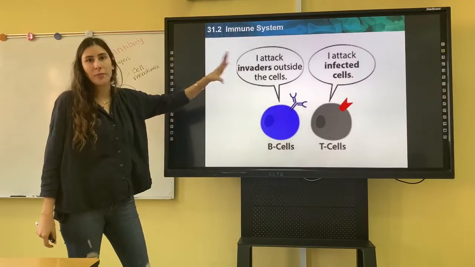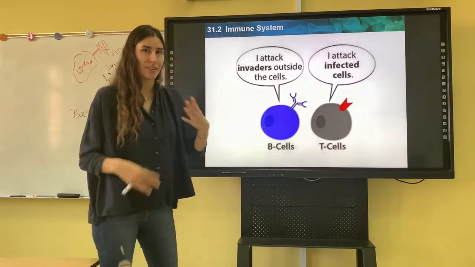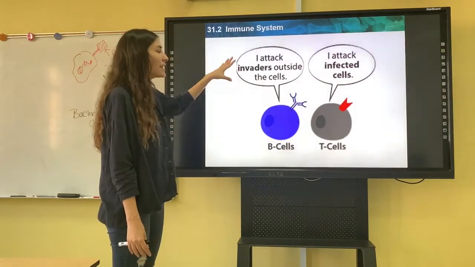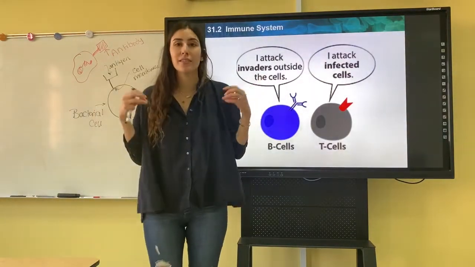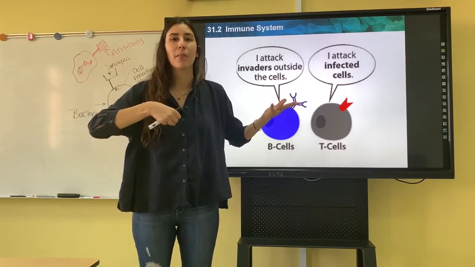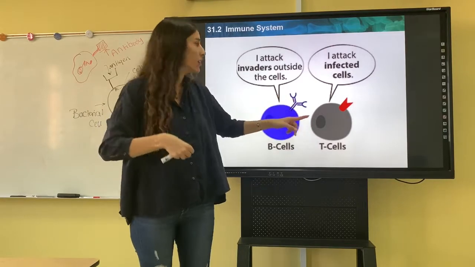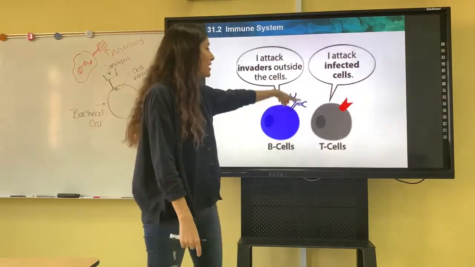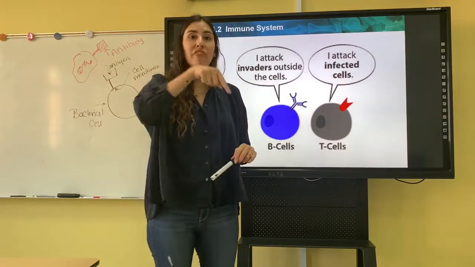So, how do I make this as simple as possible? I know I said a lot of big scientific words. B cells attack the invaders from outside the cells. Coronavirus has entered somehow into your bloodstream, okay? A B cell will find it, recognize it, kill it. T cells will kill your infected body cells.